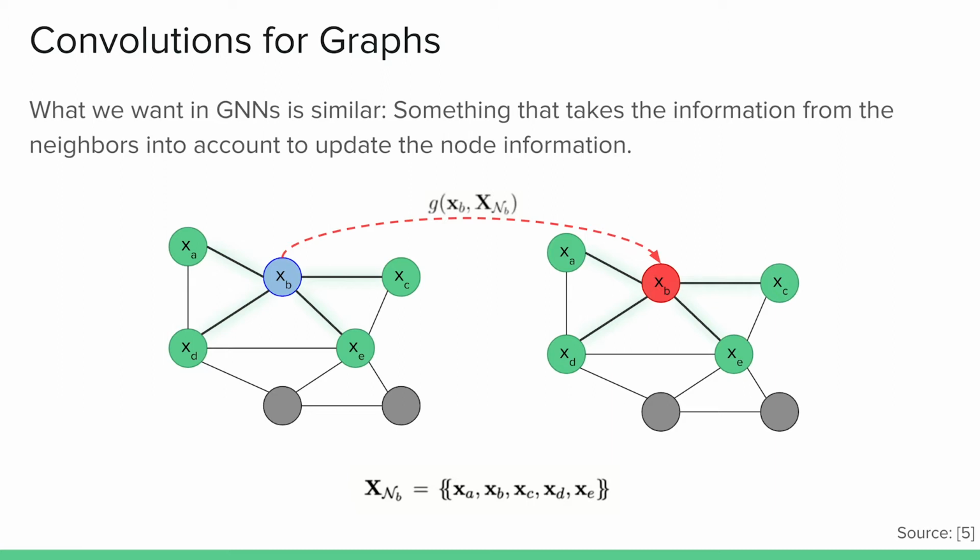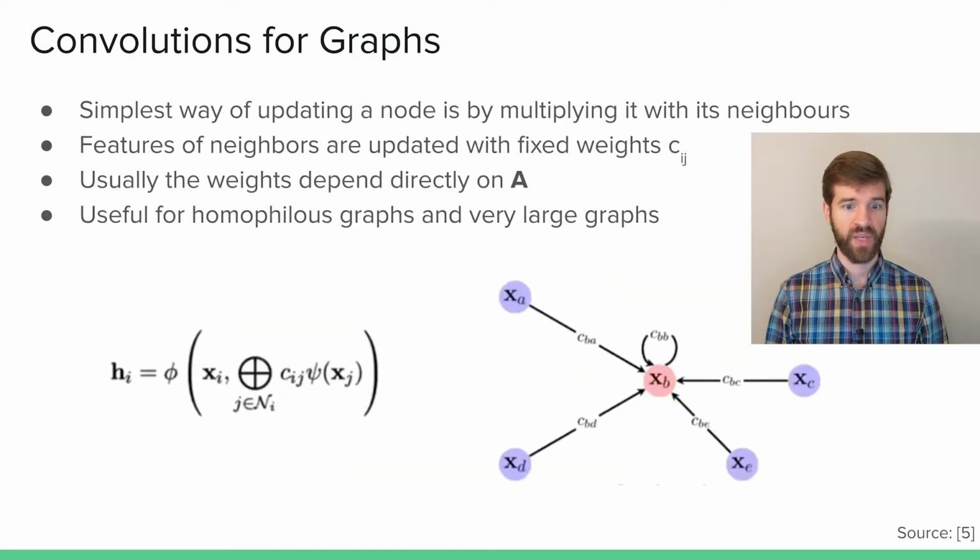This is the same piece again, but in a more graphical way. So we have our node x_b, and it is connected to 4 other nodes. And then we want to come up with a function g here that can take the node x_b itself and the features of the neighborhood of node b, and process them into another latent representation. The simplest way such a function g could look like is by updating the node by multiplying it with its neighbors.